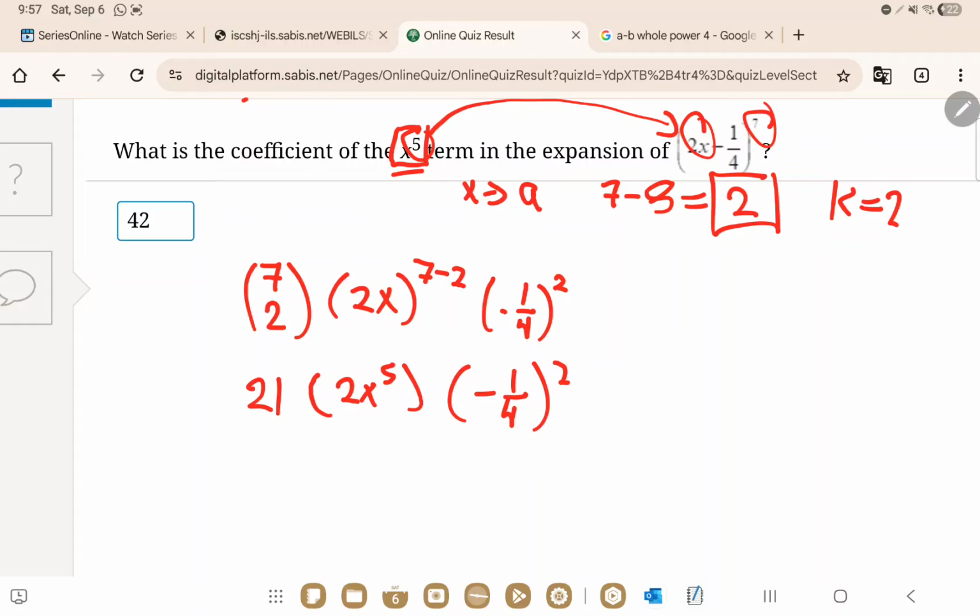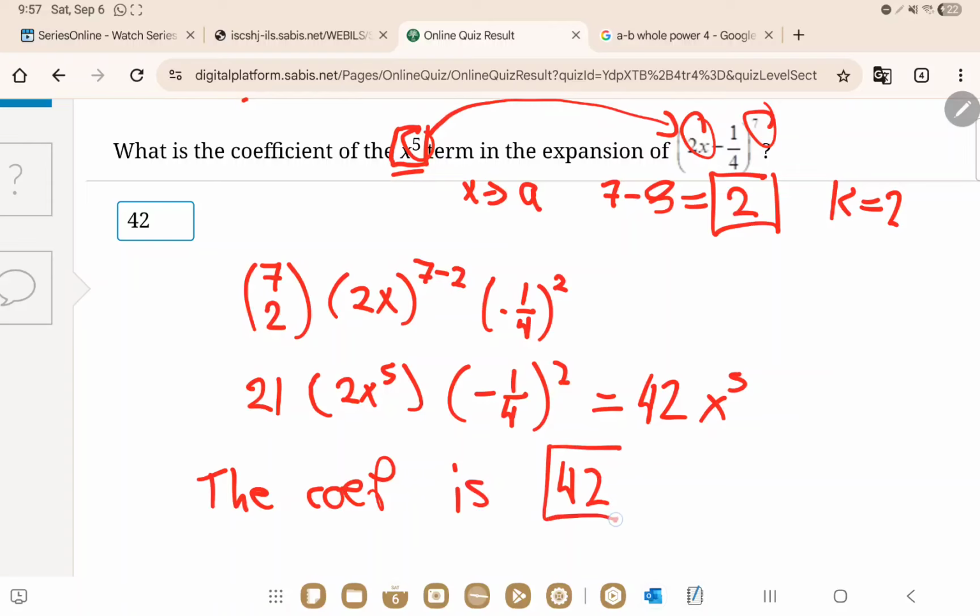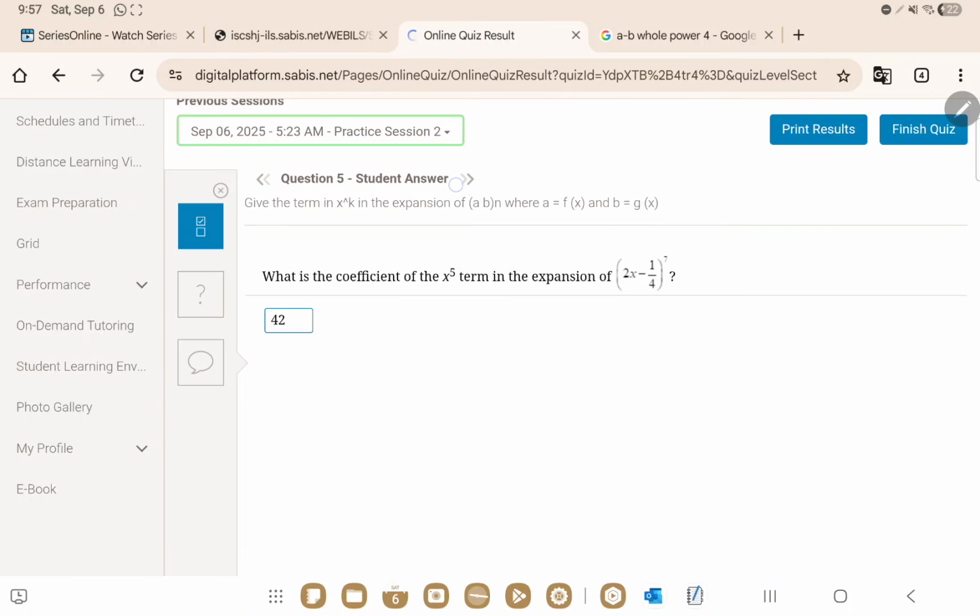And that is equal to 42x^5. But this is a wrong answer. Why? You need to say the coefficient is 42 only. Now, moving on to the next question.